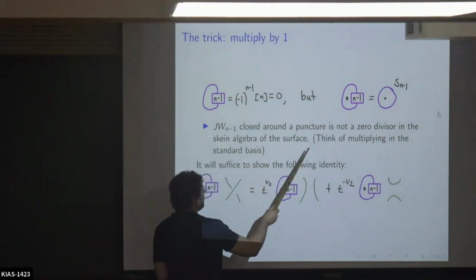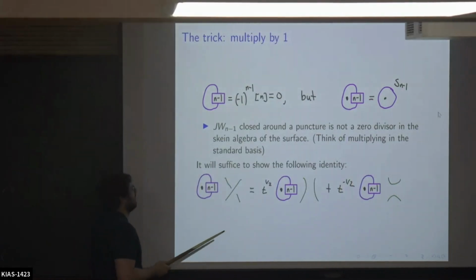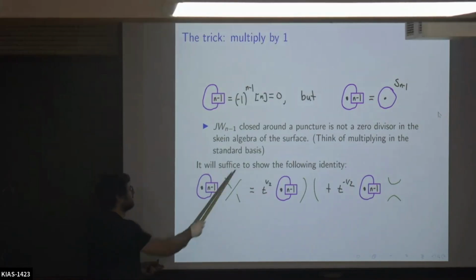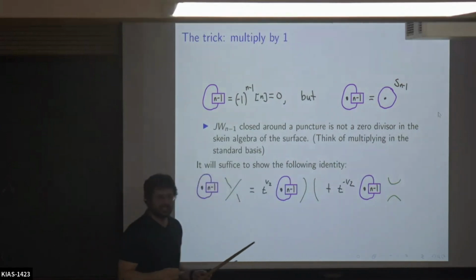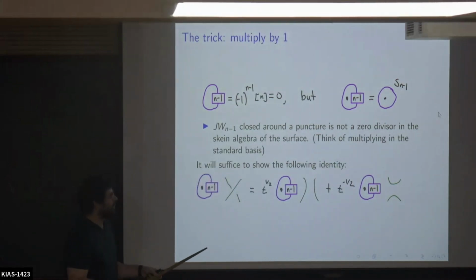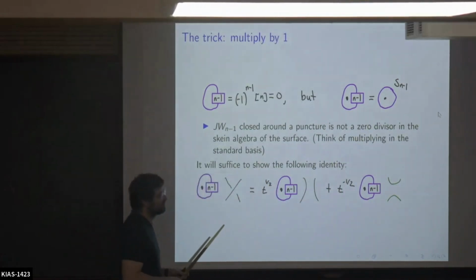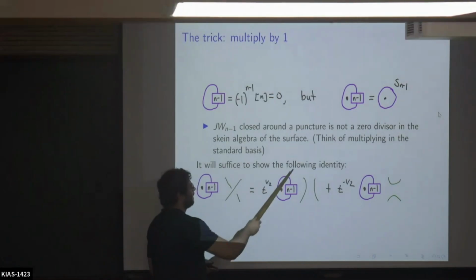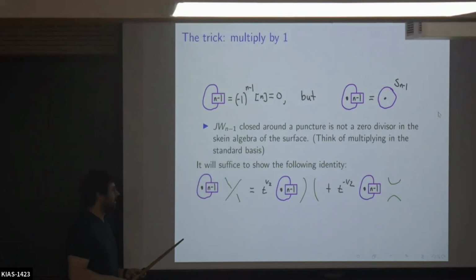But the fact that this element is not a 0 divisor is easier to see, because if you think about multiplying by a non-zero element in the standard basis, you can just shrink this guy around the puncture so it doesn't actually introduce crossings when you multiply. And so when you multiply by an element, you're really just adding copies of this loop around the puncture, like a linear combination. If you just keep track of the highest degree terms, there's no way that you can get 0 by multiplying this element by a non-zero element.